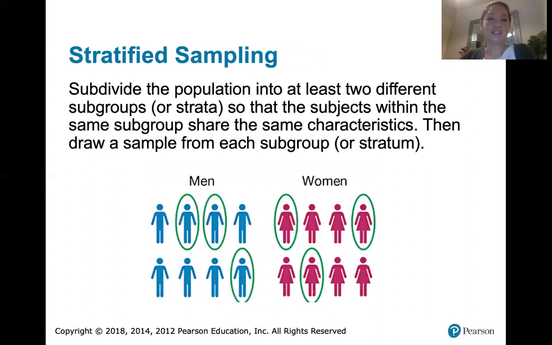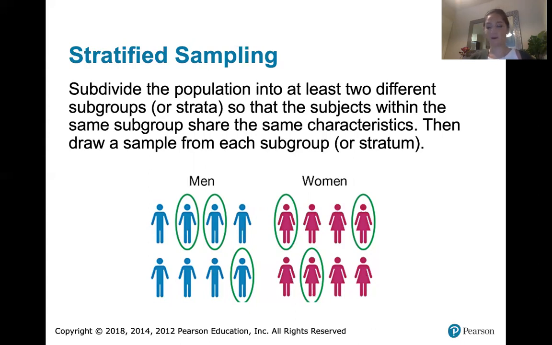Now, stratified sampling comes from subdividing the population into at least 2 different subgroups so that subjects within each subgroup share the same characteristics. So, for example, if you were to split everyone in the room by gender, just men and women, and then you were to select randomly from each subgroup, that's stratified sampling.